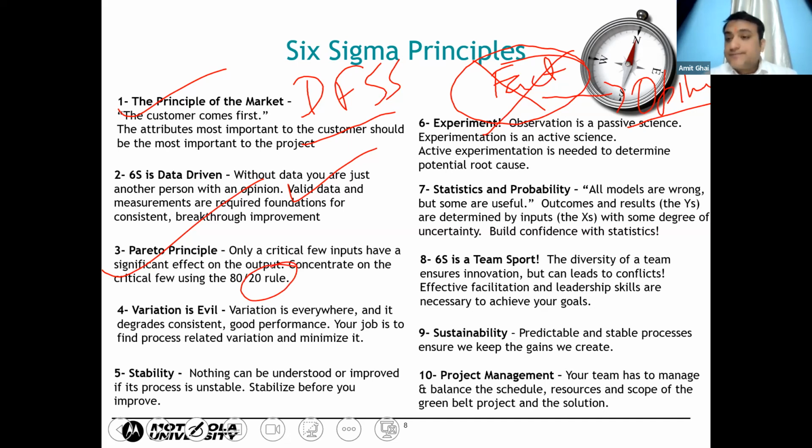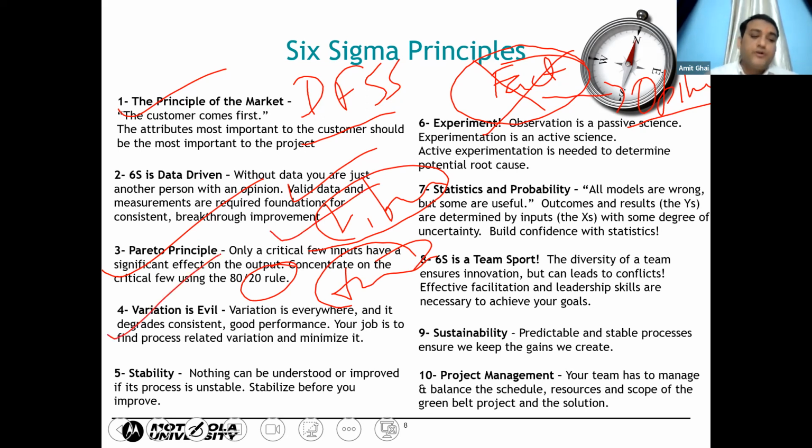Do you know the concept of vital few and trivial many? Vital few are the significant ones, and the many are the ones where we have a small number of defects each, but so many defects. So we use the Pareto principle to focus on the vital few.